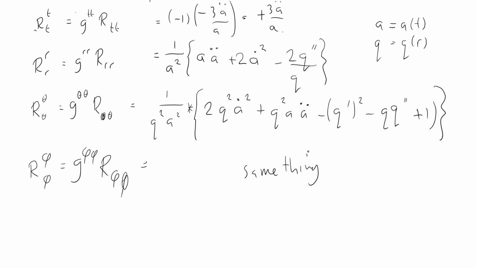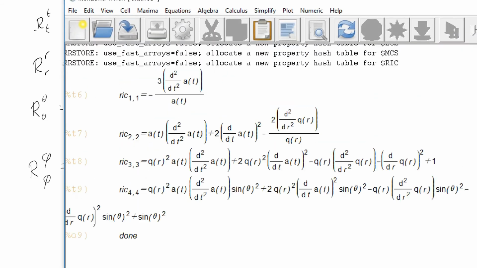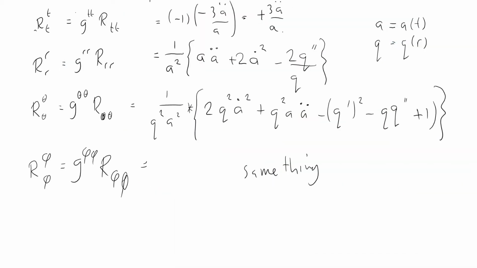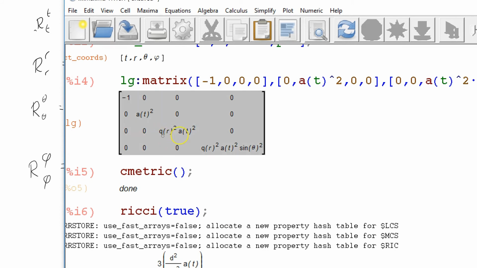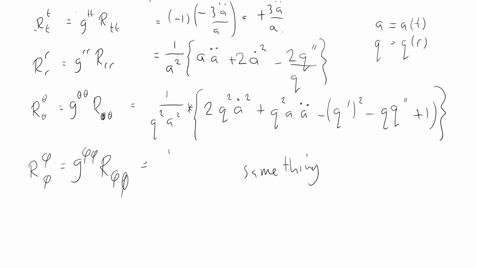Because if we go back here, it's not immediately obvious from the Maxima output, but this one here is just a factor of sine squared theta times this one here. So instead of dividing by q squared a squared, we're dividing by q squared a squared sine squared. So we're multiplying and dividing by sine squared to get to that term there.